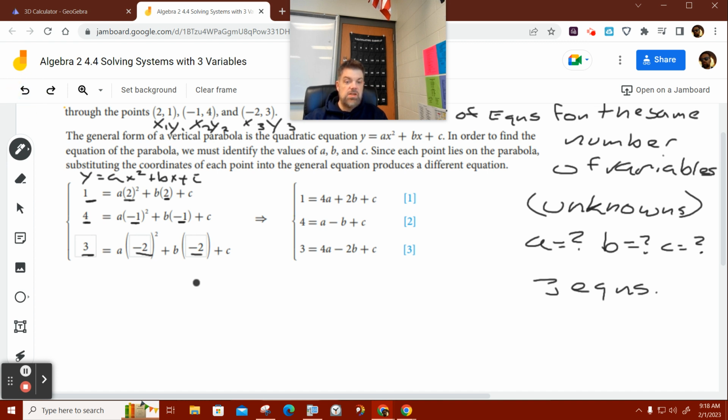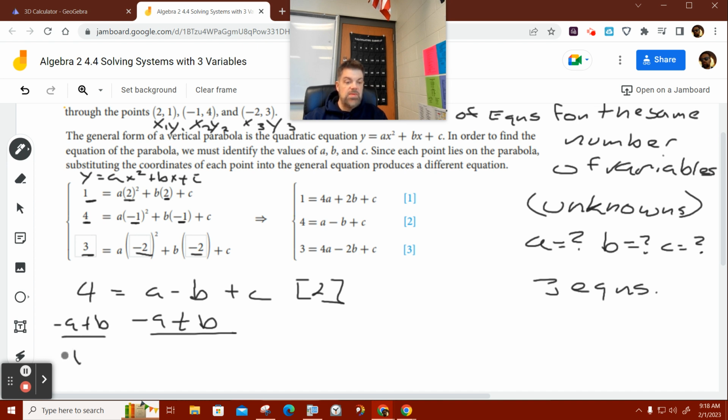So I'm going to take 4 equals a minus b plus c. This is equation number 2, and I'm going to solve for C. That means I'm going to add B and subtract A from both sides. So this line becomes 4 minus a plus b equals c. That's equation number 2. Okay?